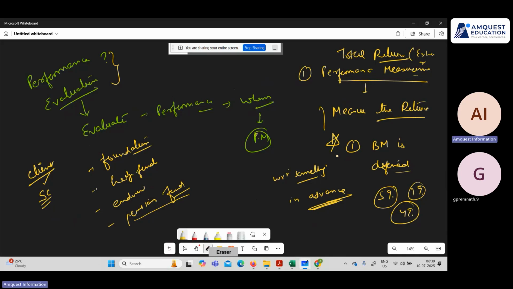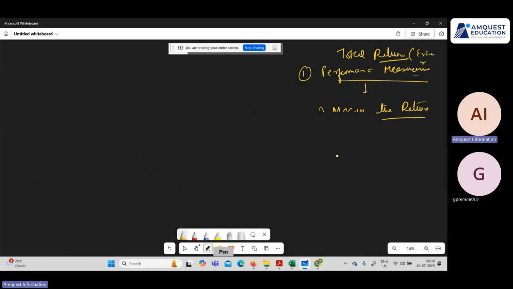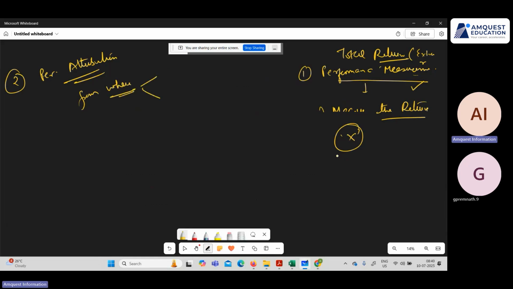Now, I received X amount, which has been given by performance measurement. I measured it, then I received X amount. My second component is performance attribution, which tells me from where. When I say where, it means what different factors, what weights, what underweight, what overweight.